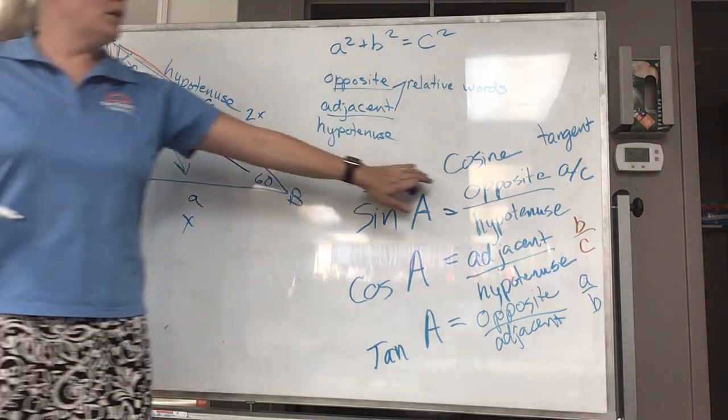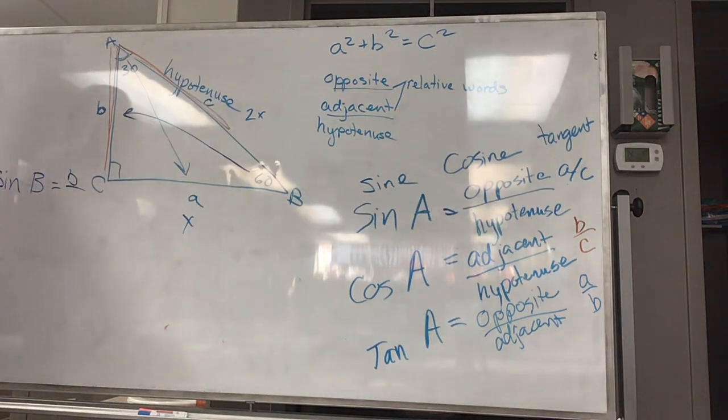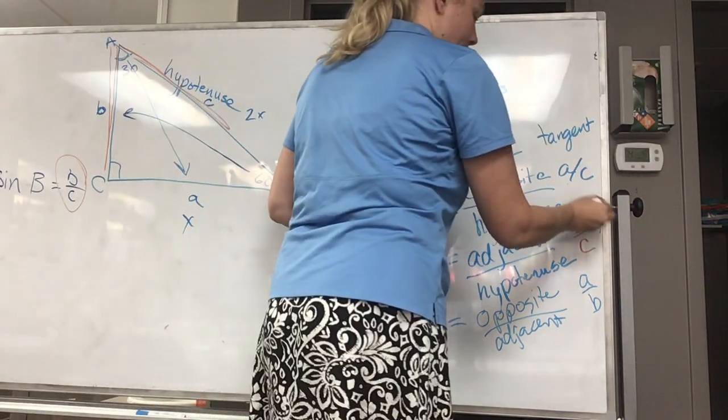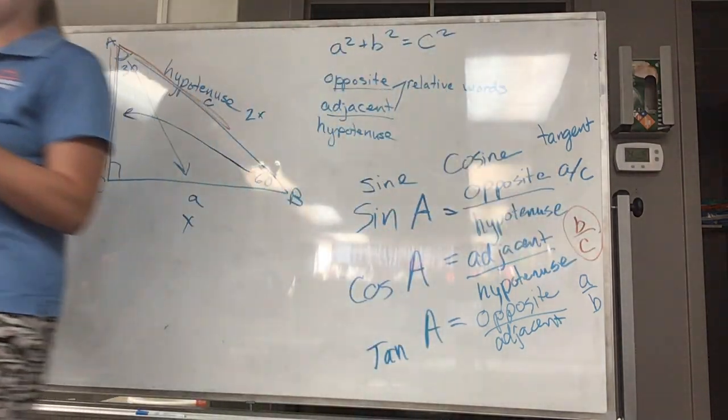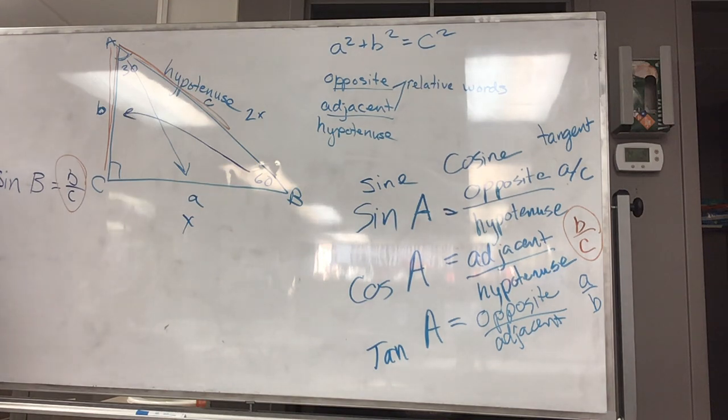Sine is opposite over hypotenuse, so this is going to be B over C. It's the exact same as the cosine of A.